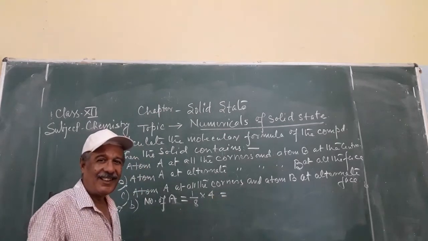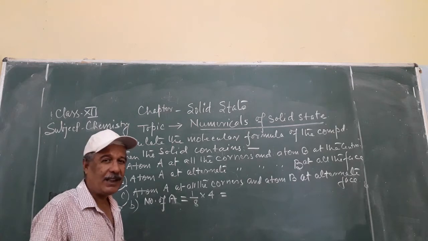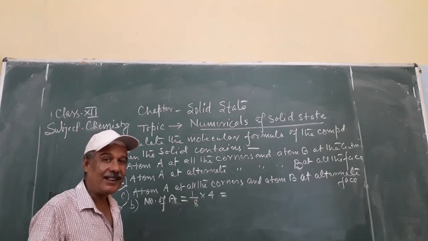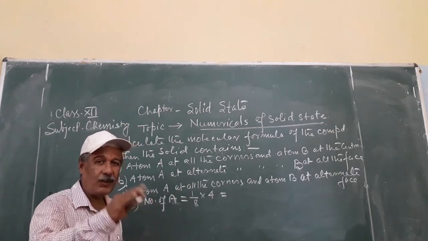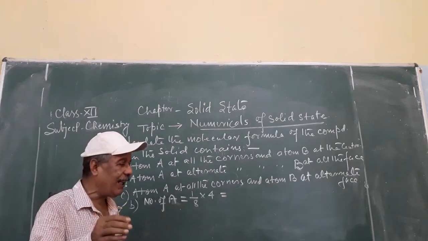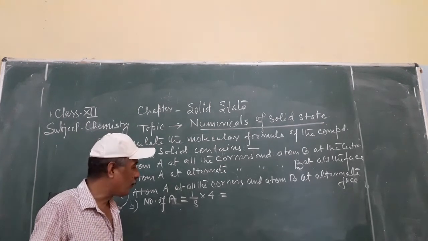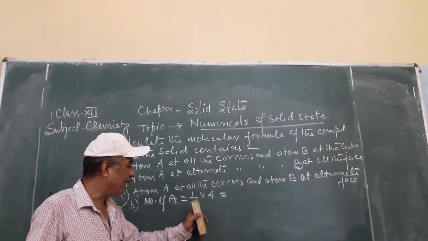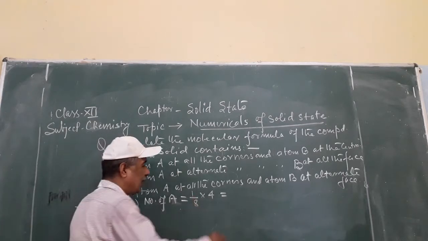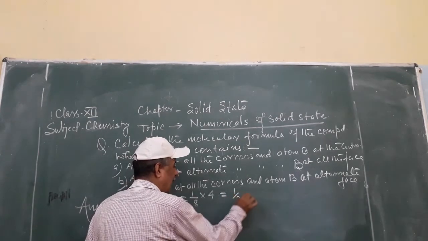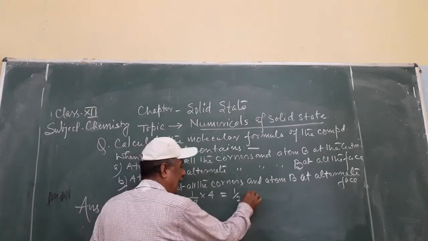Concentrate here. All corners are not occupied by A, but alternate ones. So make alternate of 8, then it will be 4. So 1 by 8 into 4 is equal to 1 by 2.